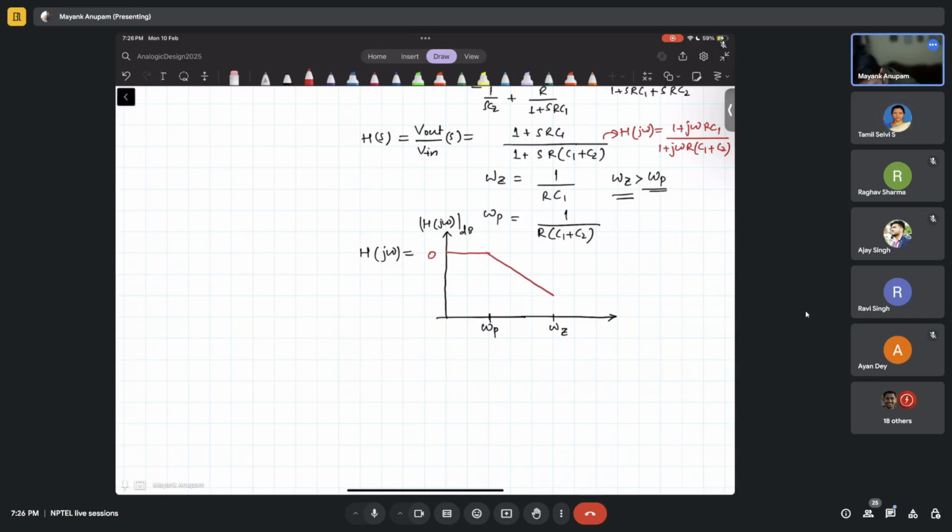And I'm just asking you, do you know what is the slope of this? Minus 20 dB per decade. Exactly. Very good. So the slope is minus 20 dB per decade, right?